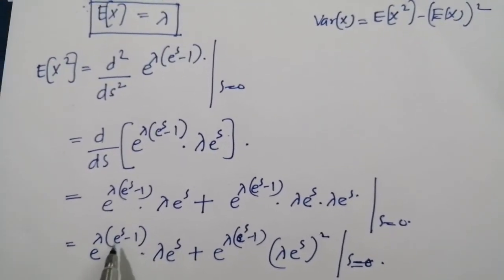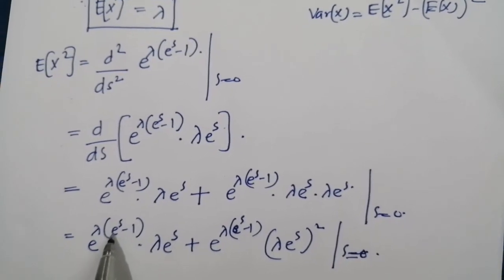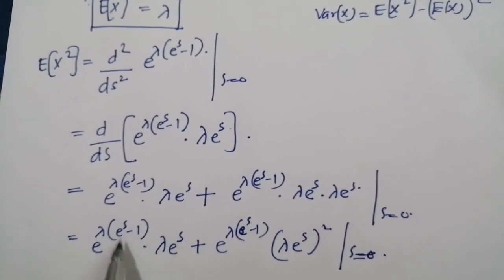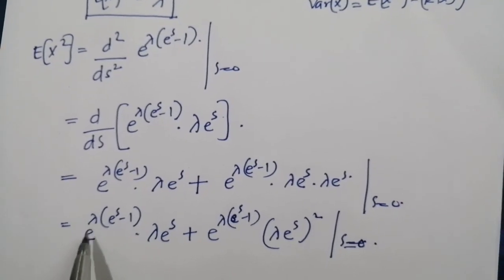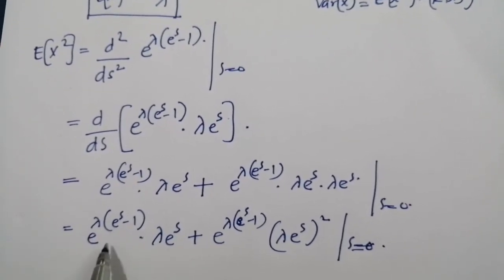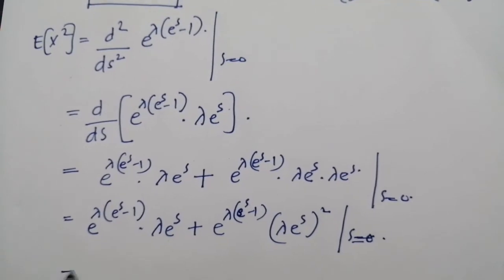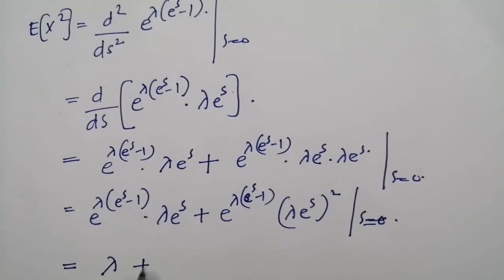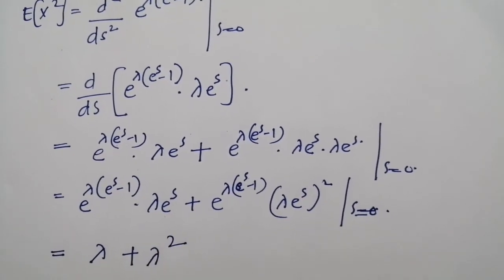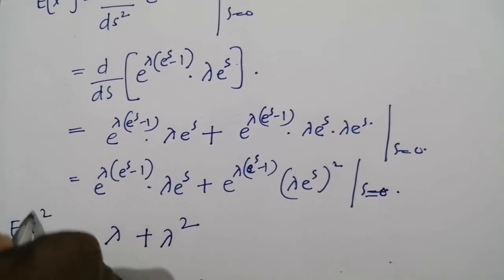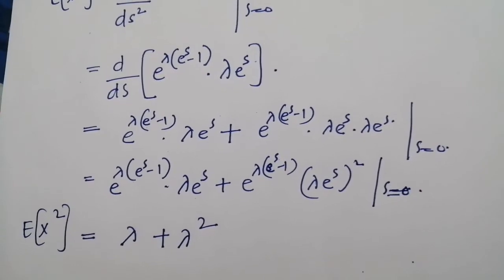Now, when we put s equal to 0, e raised to 0 is 1, and 1 minus 1 is 0, so e raised to lambda into 0 is 1. So 1 into lambda gives lambda, plus lambda square. So expectation of x square is lambda plus lambda square.